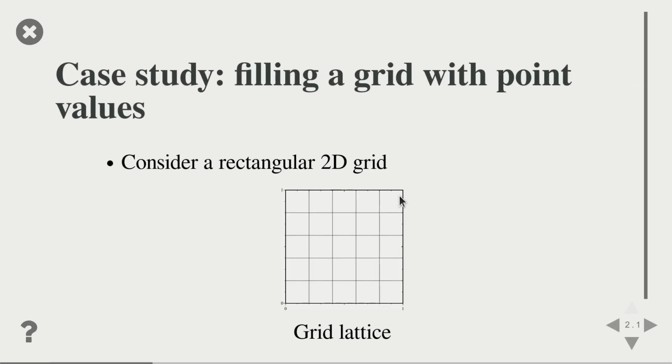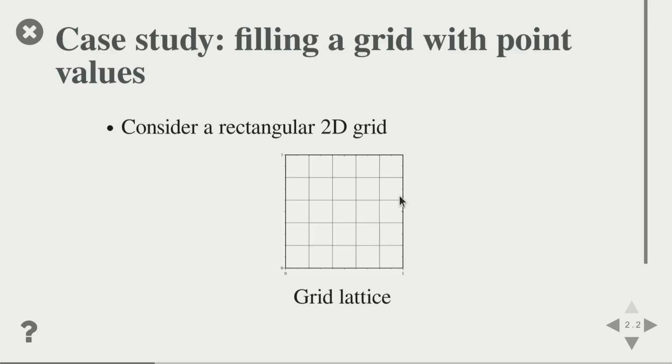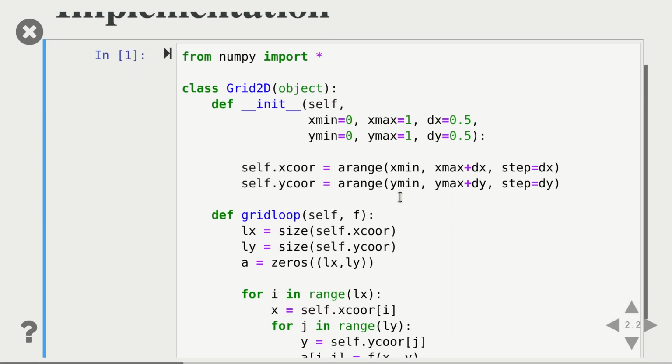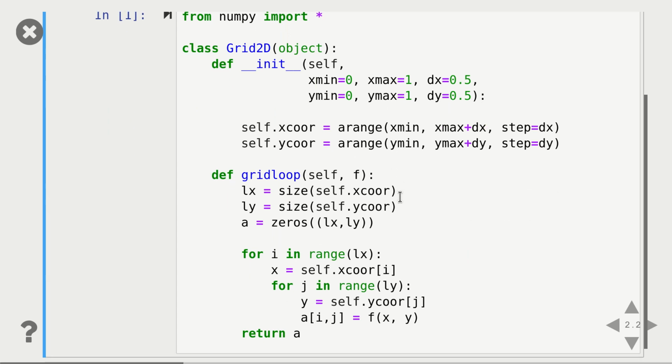As a case study, let's look at the task of applying a function to a grid. We have a two-dimensional grid, and we want to evaluate a function on each of the grid cells.